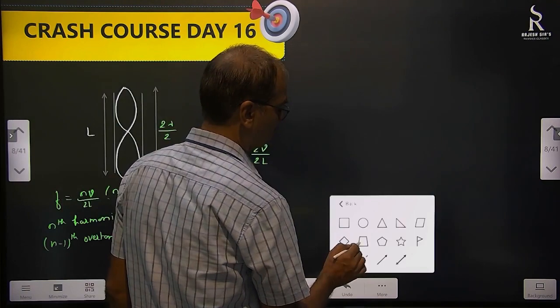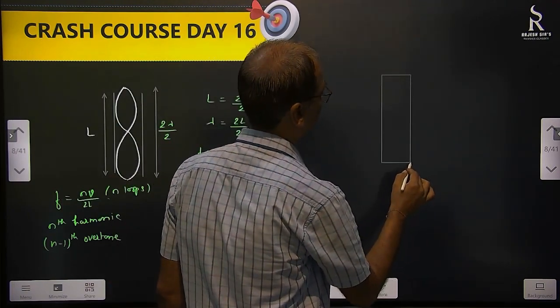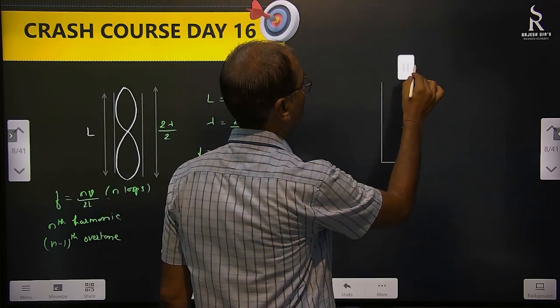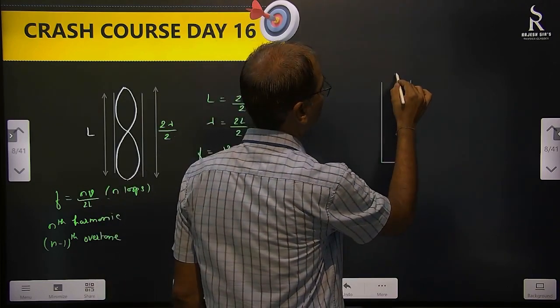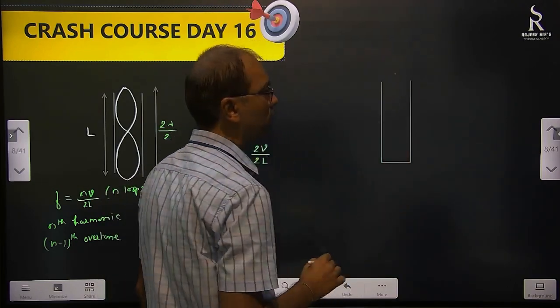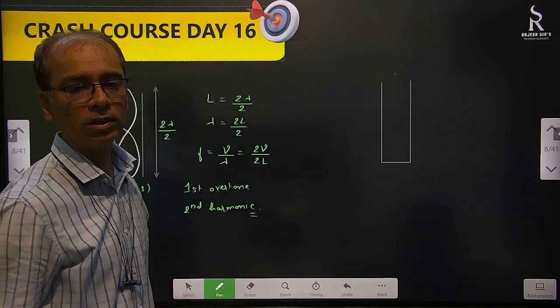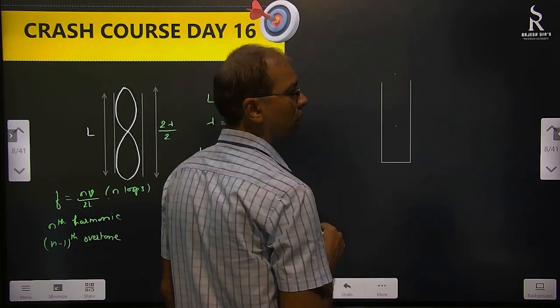Now the same way we can see in closed organ pipe also. So closed organ pipe, one end is closed and one is opened. So this is opened here. Now what we have? Here we know we have a node and here we have an antinode. Already we have seen fundamental. So we have to increase the number of loops. So suppose here we are making one node here.